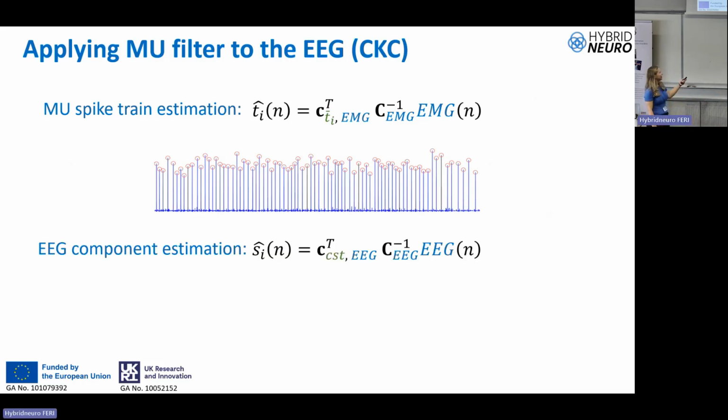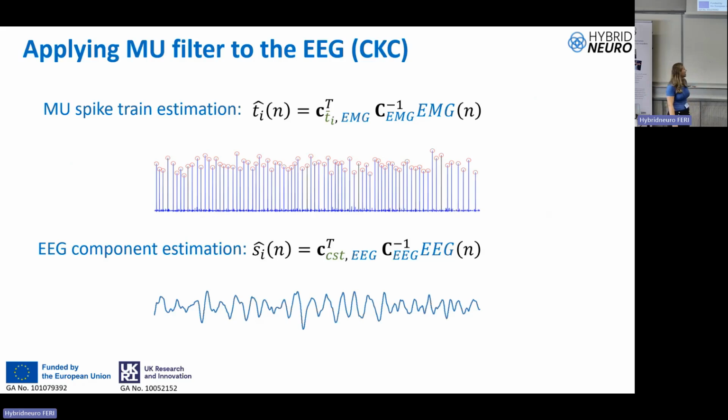Changes are very small. Instead of EMG signals, we now have EEG signals, and instead of a spike train, we have a cumulative spike train. And as a result, we now get an EEG component, which consists of different sine waves. I could say it like that.